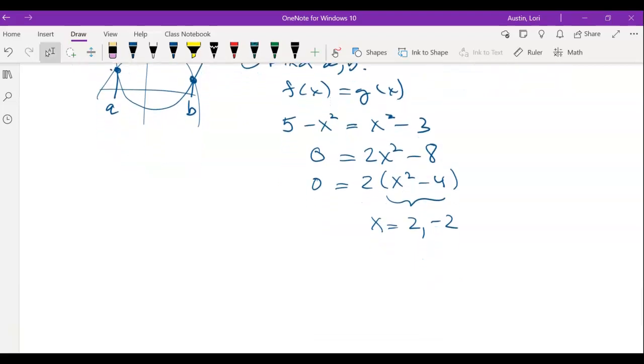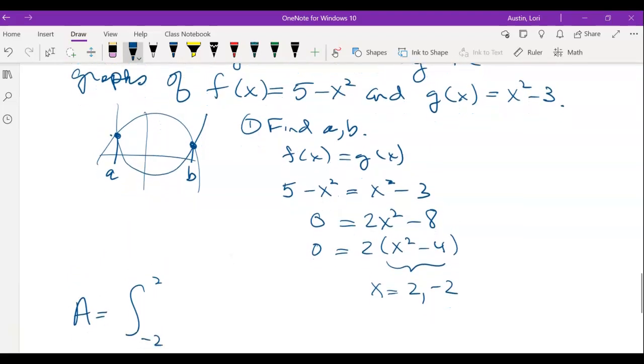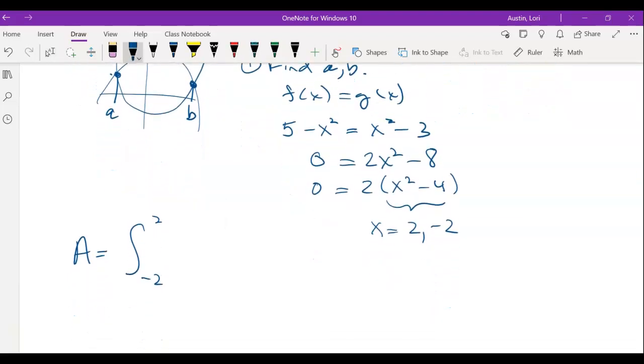So essentially, what does my area look like, of what was f of x? 5 minus x squared. I will keep it easy in that I will make sure the f of x function is the upper function over the g of x.